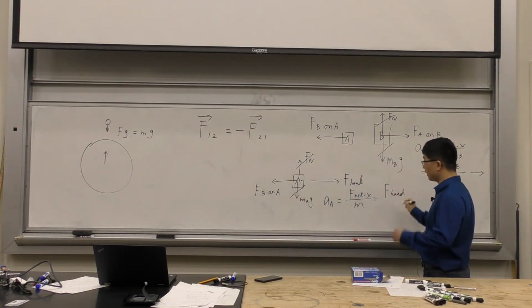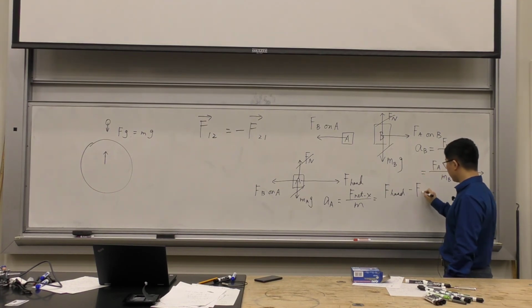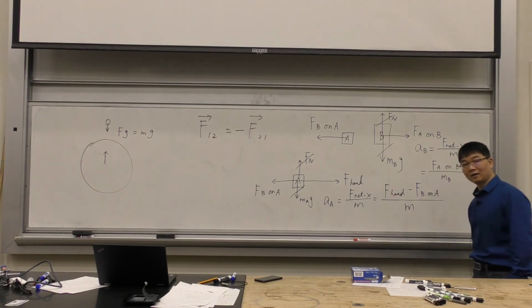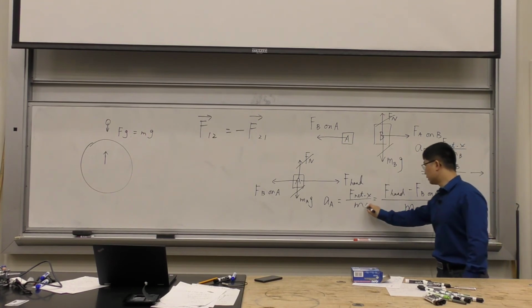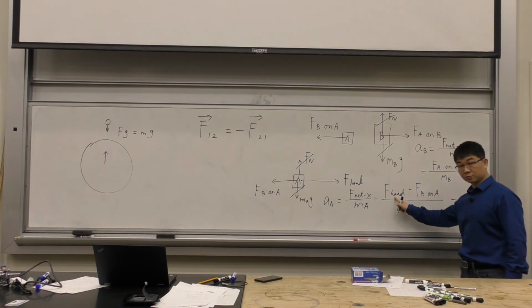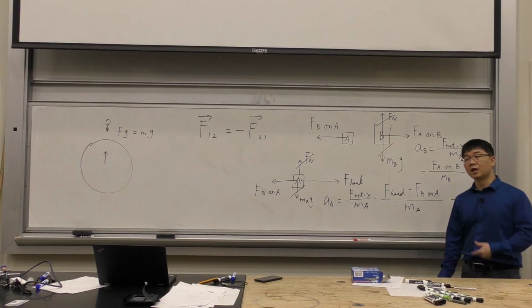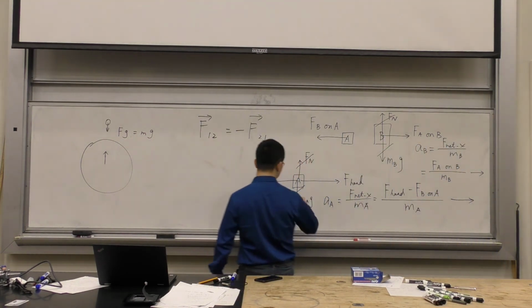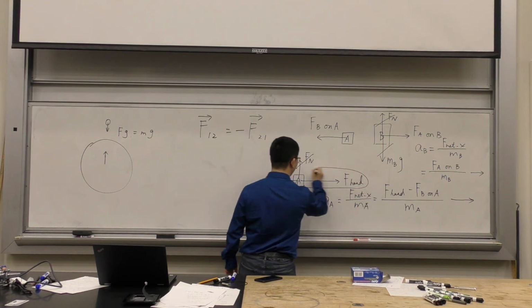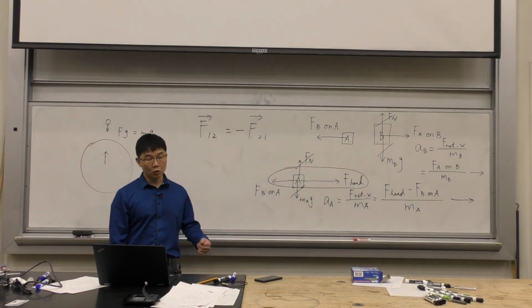In order to make A move to the right, you're going to make sure you apply a fairly large force so that it's going to overcome the force from B on A. So you still get a positive number to the right. When you subtract the force from B on A from the force from the hand, you still get an acceleration to the right, because you need to take into account all the forces in the x direction in order to figure out the motion of A.